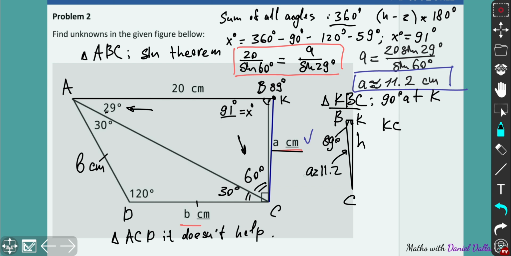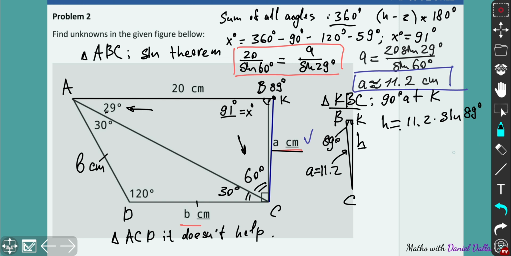And this is the hypotenuse, so we can figure out KC, the height. So KC, which is actually the height, we can use sine: 11.2 times sine of the angle 89. So now let's calculate.